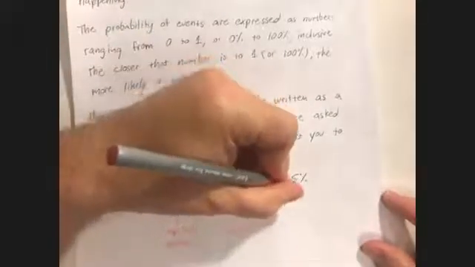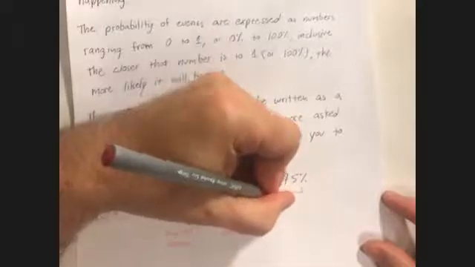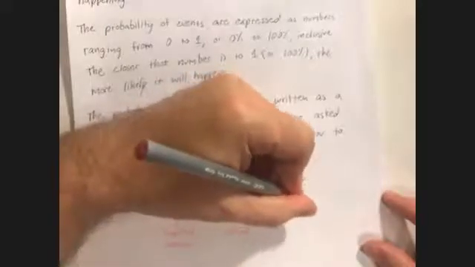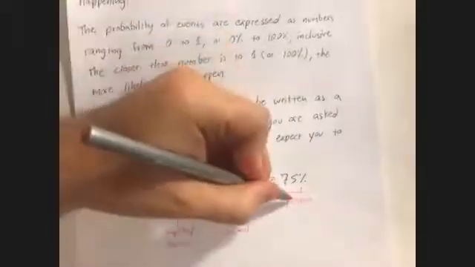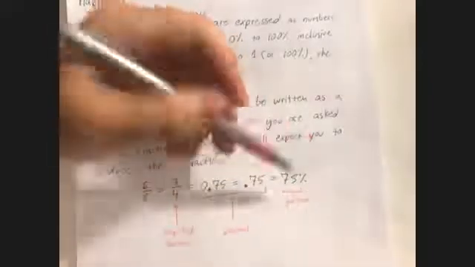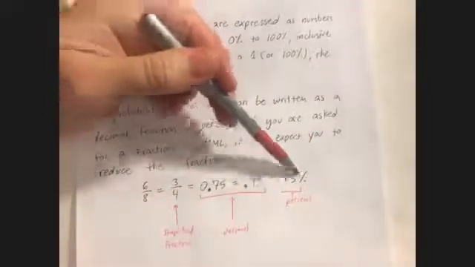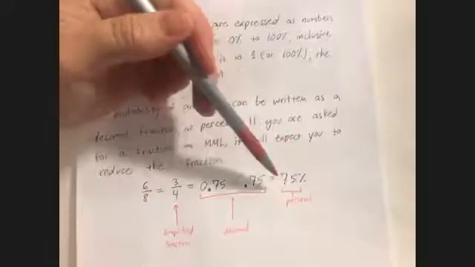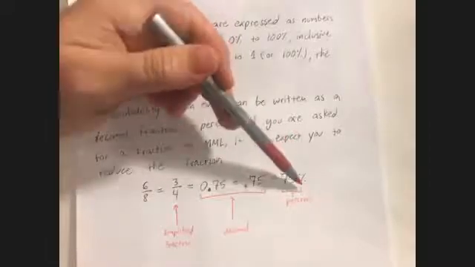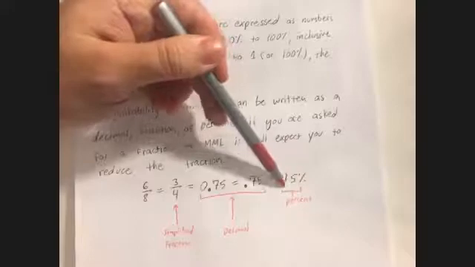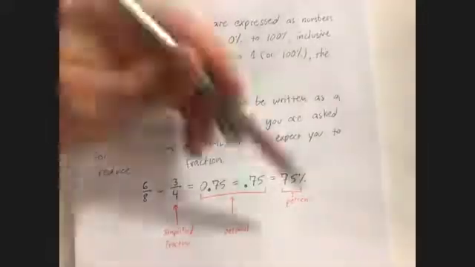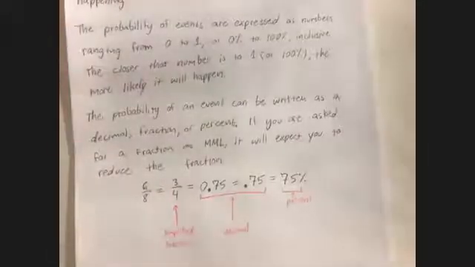So this is the percent. And if I wanted to go from the percent back, I would say 75 divided by 100, or just move the decimal back. So percent means per 100.